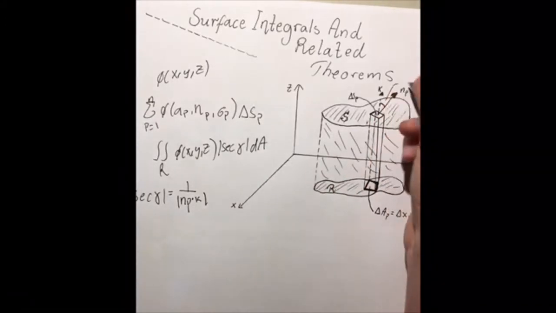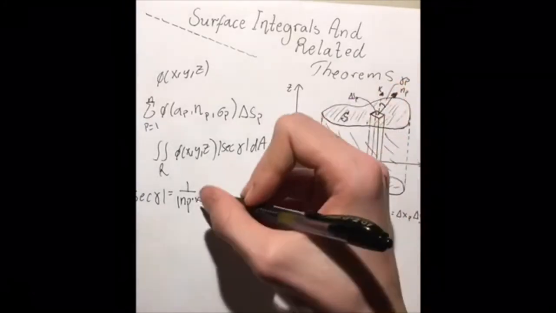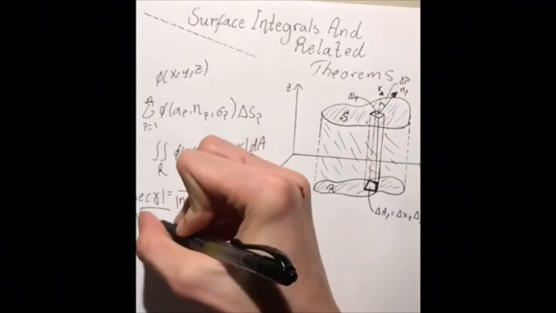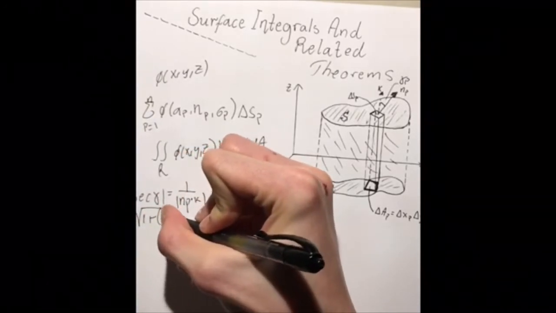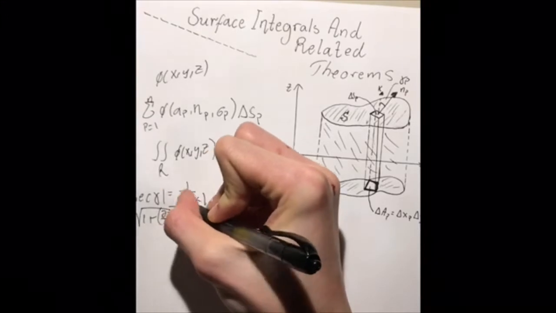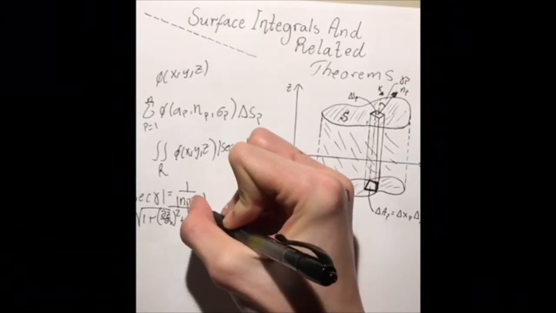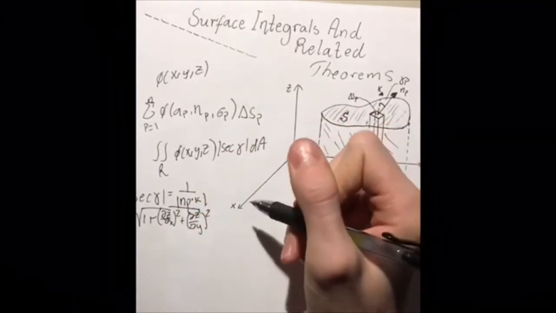I should call this angle gamma p. And this is then equal to the square root of 1 plus the partial derivative of z with respect to x squared plus the partial derivative of z with respect to y squared.